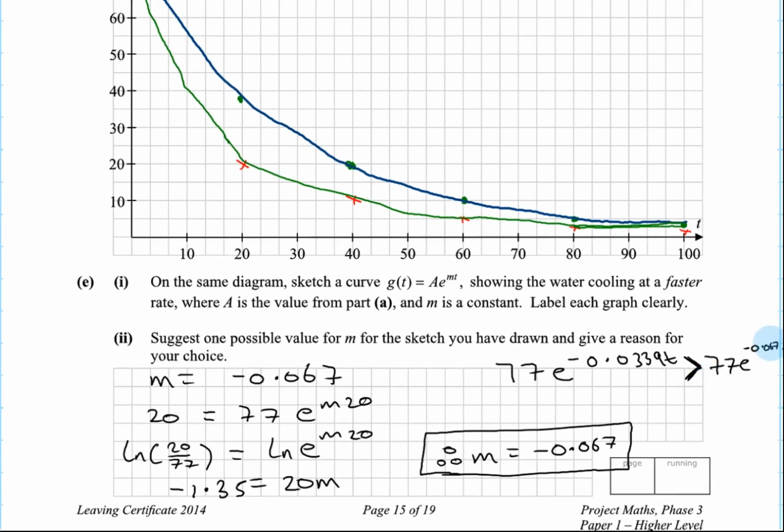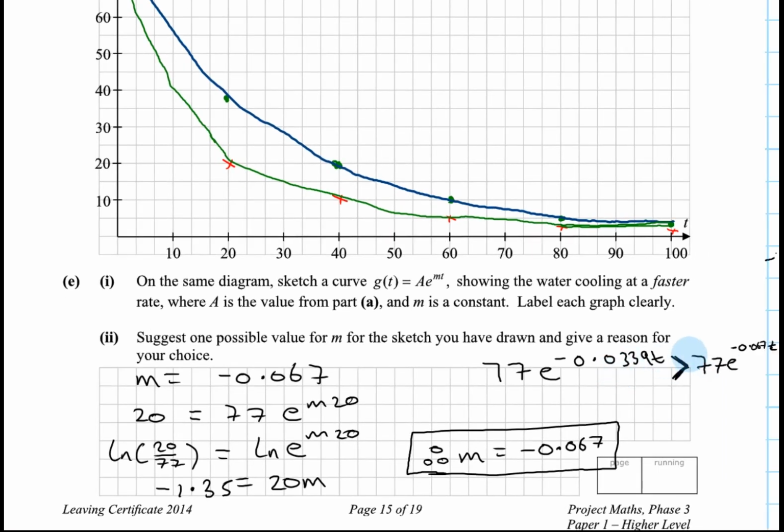So I don't have enough space there. And then if we go through this, using again the same thing, the two 77s will end up cancelling each other out, and you're left with this is greater than that.